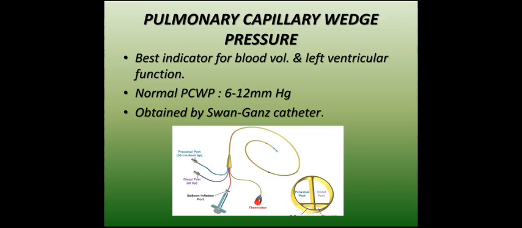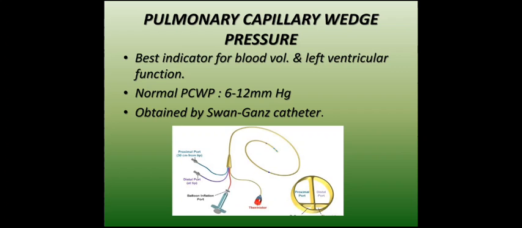And a few more points on Swan-Ganz catheter. It is introduced into the CVS mostly through the right internal jugular vein. This is an important question. It is used in sophisticated centers to get valuable information about the precise diagnosis and circulatory derangements of shock.